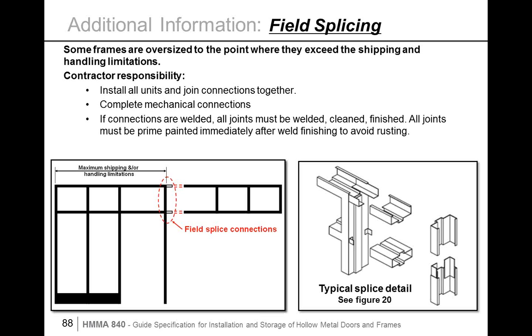If distributors are now acting as installers, it's your responsibility to make sure these joints are tight, fit snug, and finished properly. If a contractor other than a distributor is doing this, job inspection of joints and methods of attaching are critical. Manufacturers have different componentry for field splicing, but the key in Figure 20 in HMMA 840 is that it's a general guideline used by custom hollow metal manufacturers.